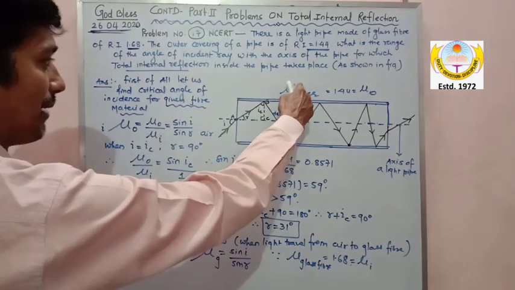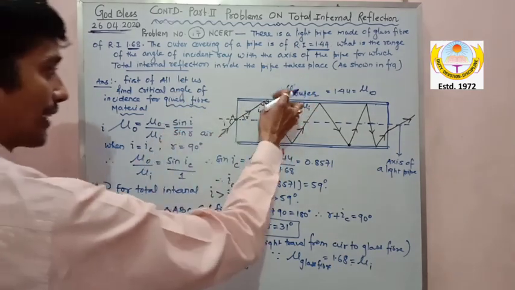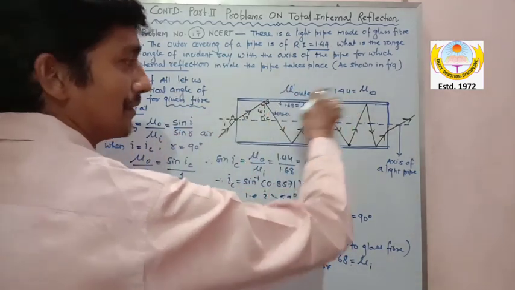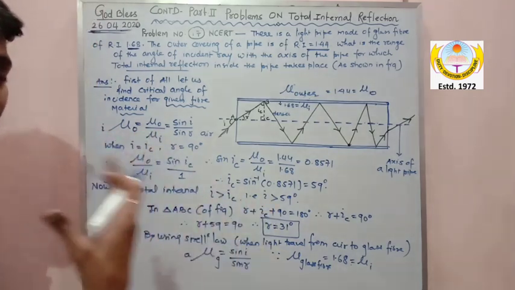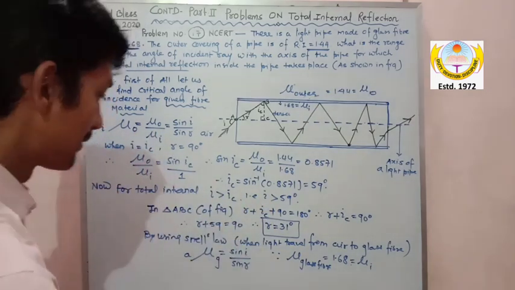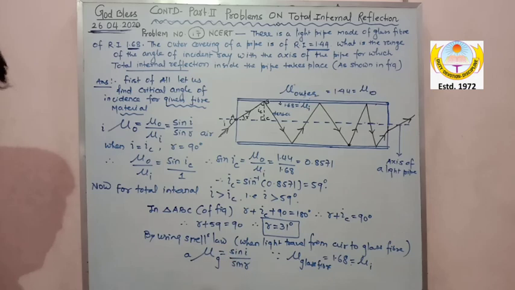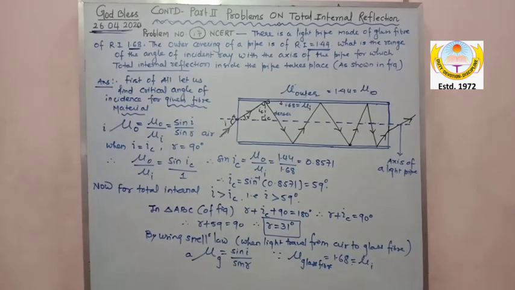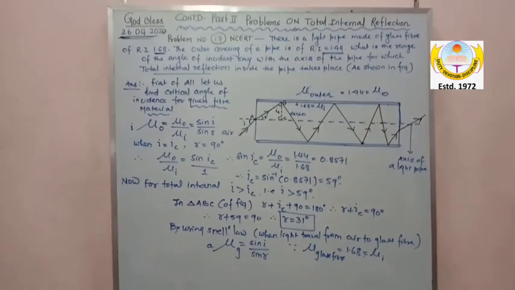And why was this given? Sir, this was given to calculate the critical angle of the fiber. Please, that's a conceptual question, a beautiful question. So here, my dear, I think you can now solve the answer for the question.